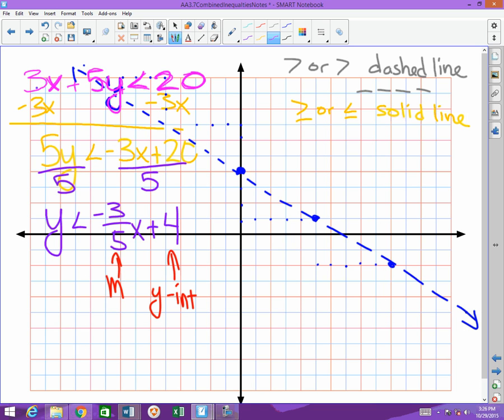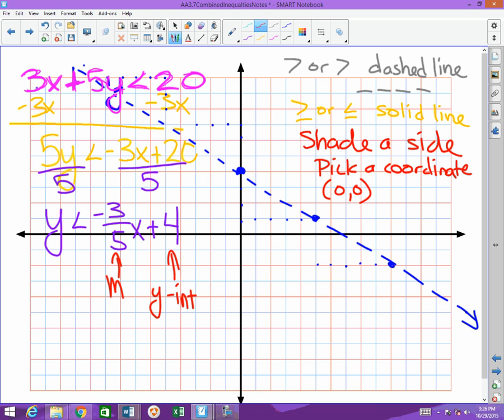To figure out which side to shade, we have to select a coordinate. What coordinate you pick is completely up to you, but if you can, use 0, 0. The coordinate can't be on the line.